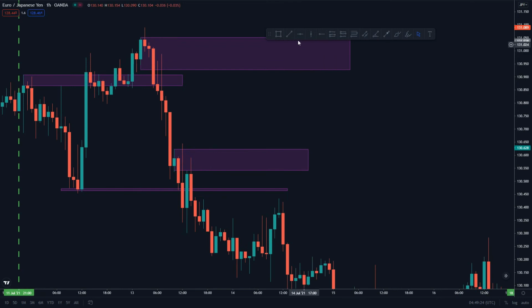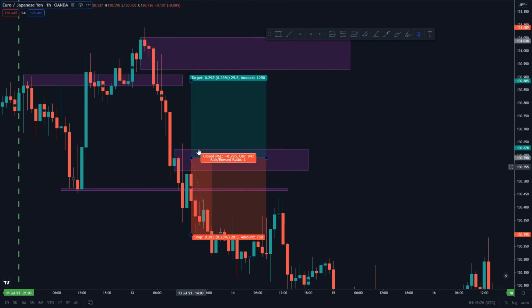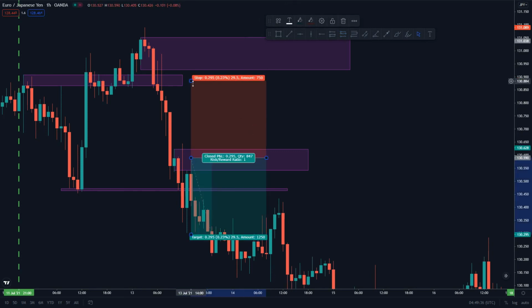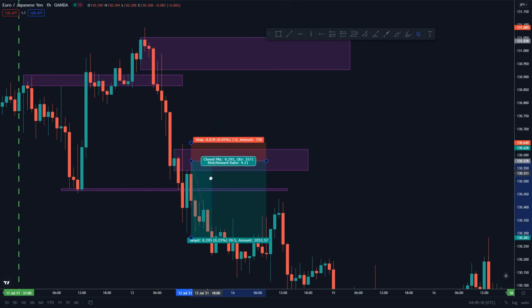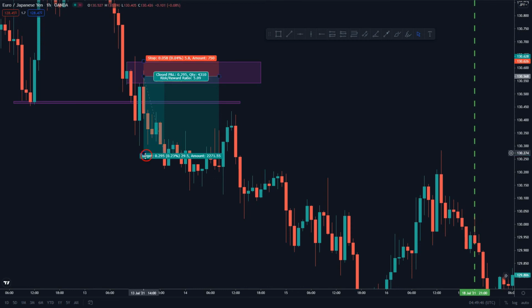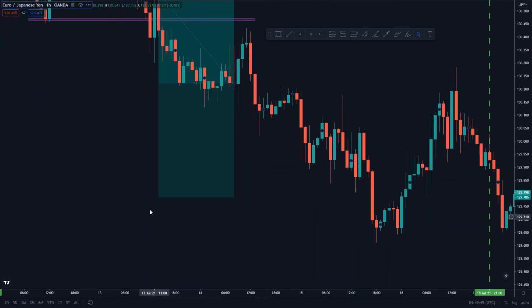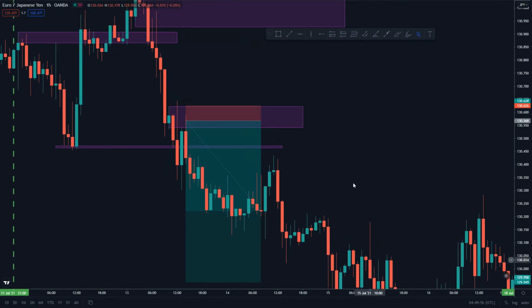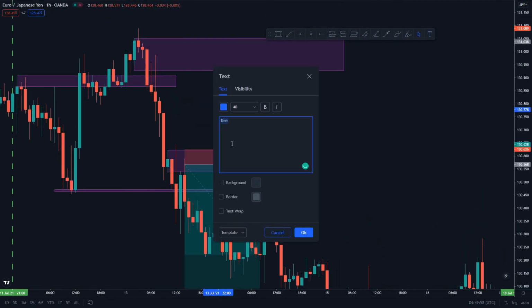So if I'm to take a trade, then I take a trade somewhere like there with my 5 pip stop loss. And then as you can see, guys, this is another beautiful trade that went up to 1 to 14. But okay, we don't care about that. We only need 1 to 10.